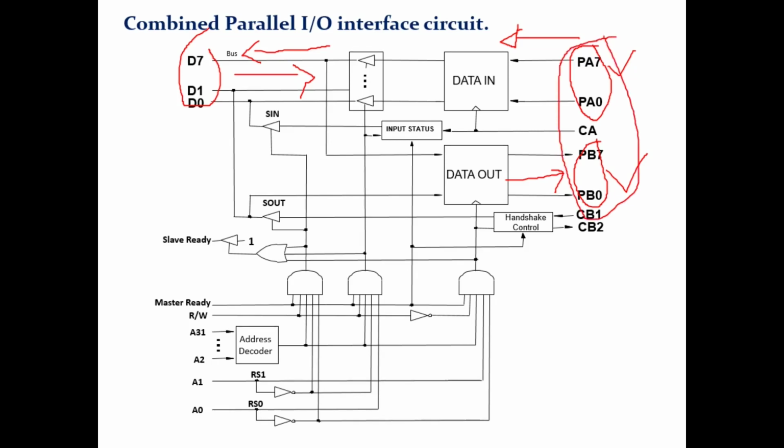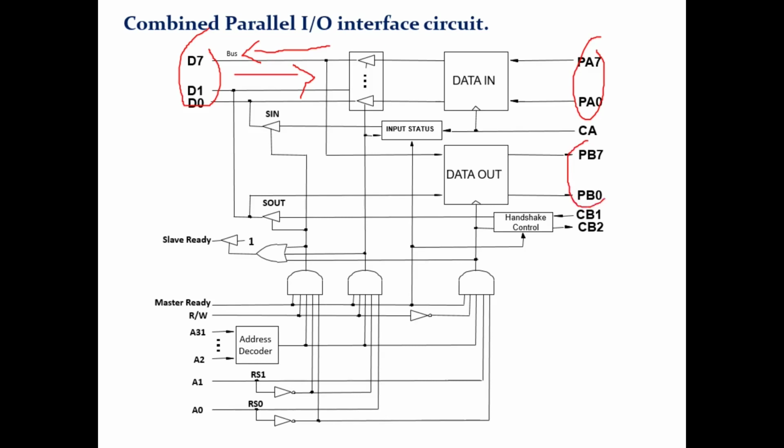Here we convert the data lines which connect the interface circuit to the input device, and the data lines which connect the interface circuit to the output device, and we make them bidirectional. So it can send data to the output device as well as receive data from the input device. That time the circuit can be reduced. We'll see this in the next slide.